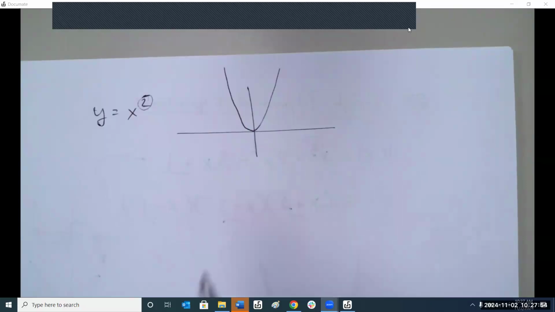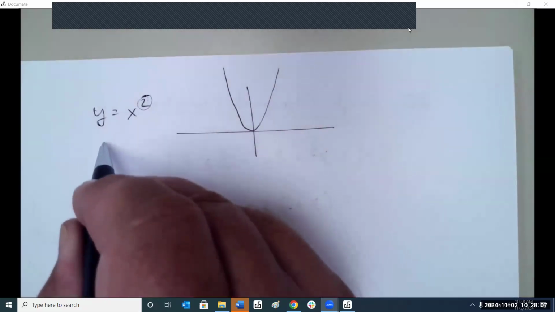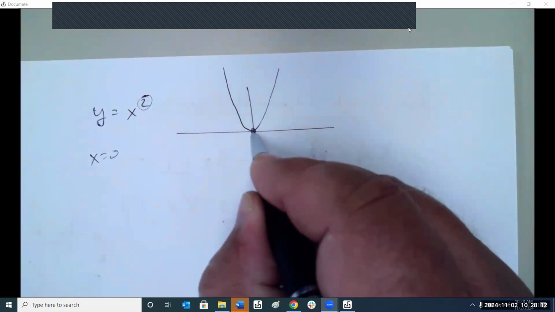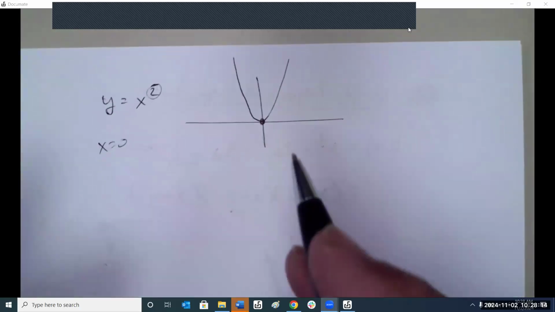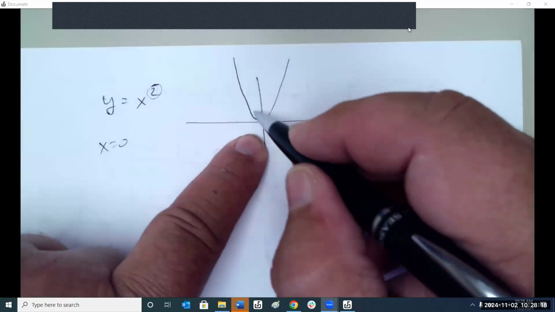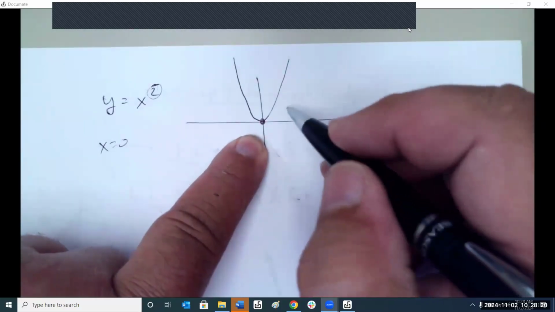Why doesn't it go below there? What's my x-intercept? Yeah, if I set y equals 0, x equals 0, so that's the only point we have. So at that x-intercept, it bounces. It doesn't cross through. It bounces.